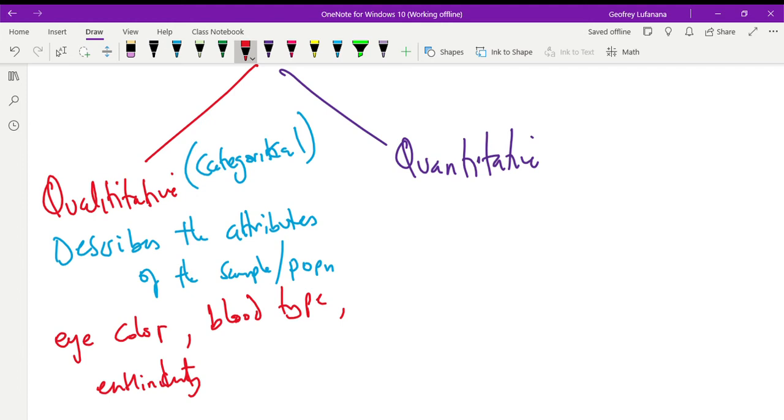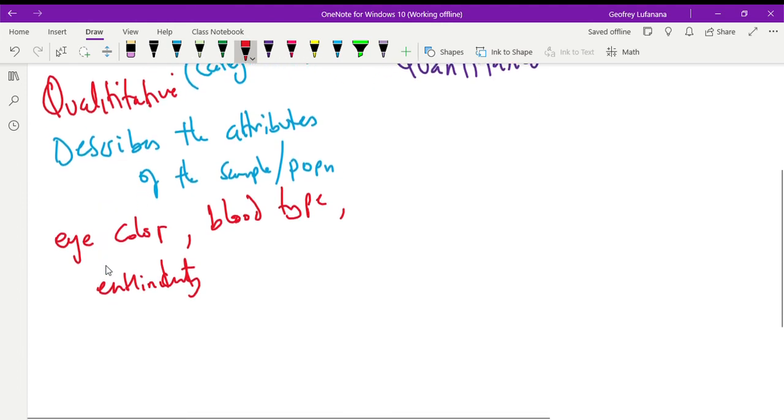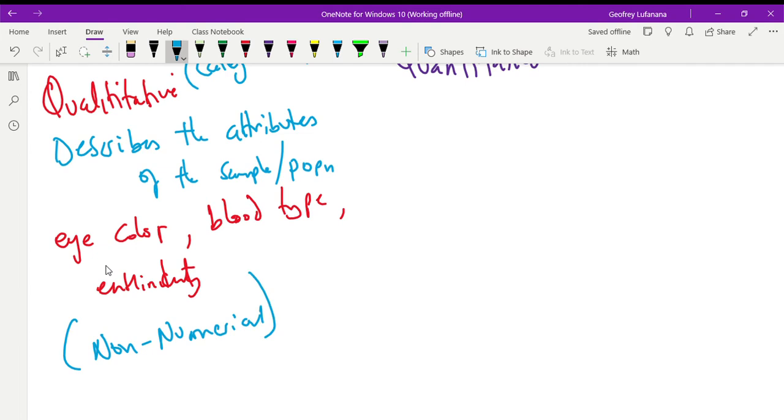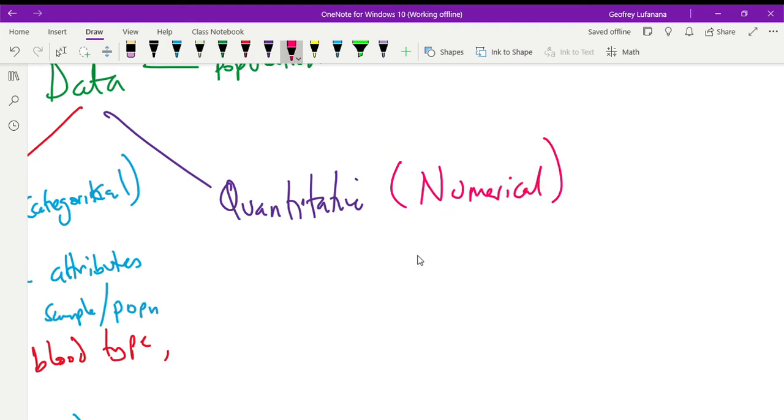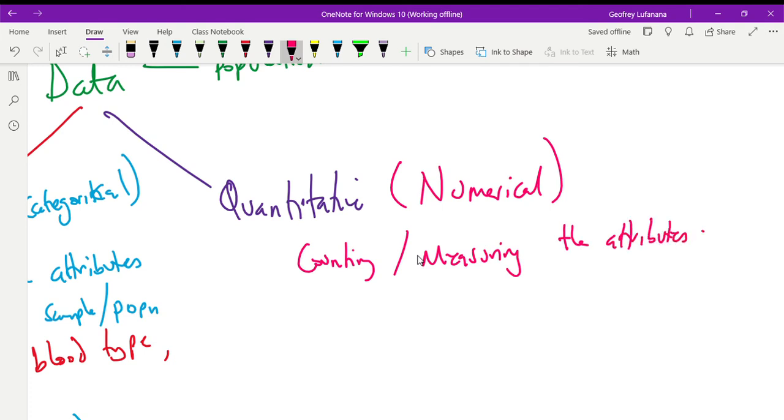Another word to help you understand categorical data is that categorical data is non-numerical. Non-numerical basically means they are not numbers. Now, on the other hand, we have what we call quantitative data. Quantitative data is the one which you would say is numerical. And we get quantitative data from counting, or you would say measuring the attributes of the population or the sample.